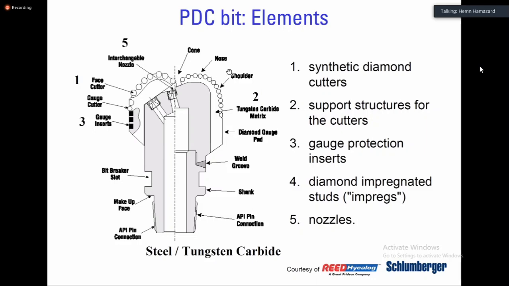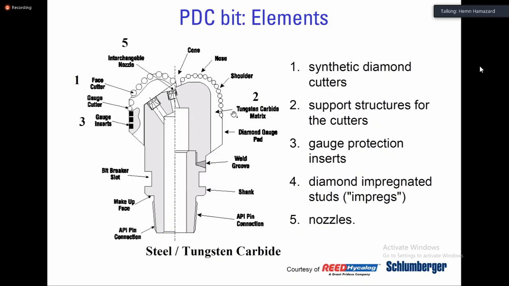They need to be very familiar with the parts of the PDC bit. If you take a look here, in the very center, deep down, we have the cone, and then we have the nose, then the shoulder, and then the tungsten carbide matrix. This is the tungsten carbide, and then you have the gauge, and so on, all these parts.